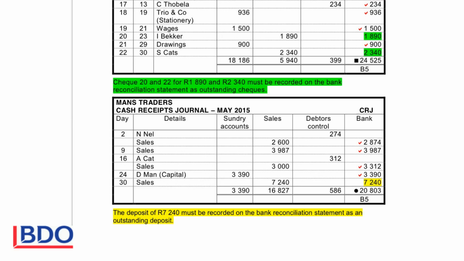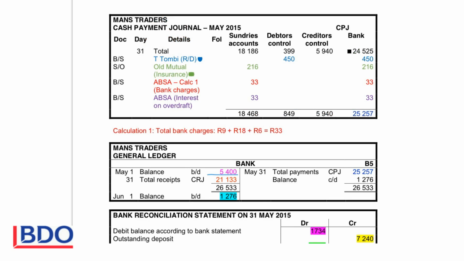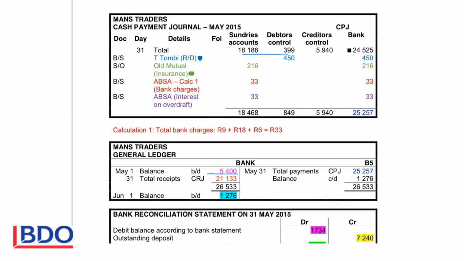We will open a new cash receipts and cash payments journal, and we will start the journals with the totals that we have in the journals that were provided to us. We will show the totals of the cash receipts journal and the cash payments journal that were provided as our opening totals.